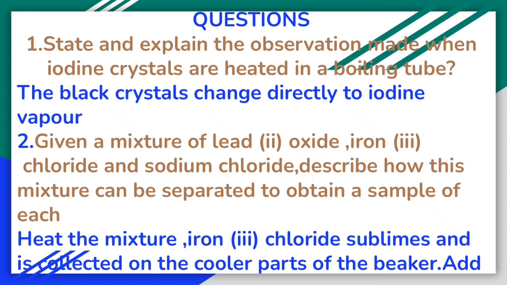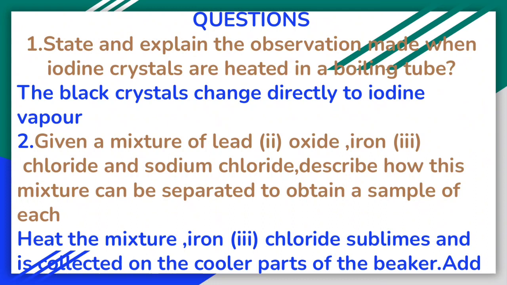Now, when you're faced with such a question, first of all, check whether any of those substances sublime. Like in our case here, we have lead(II) oxide, it does not sublime. Iron(III) chloride sublimes, and sodium chloride does not sublime.